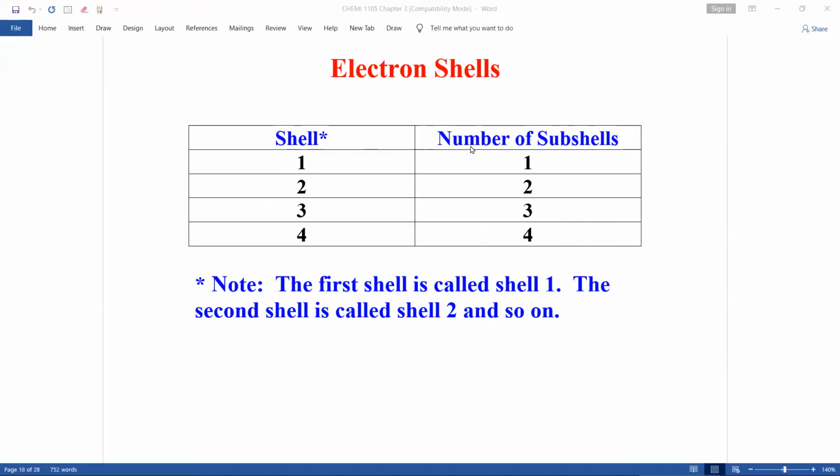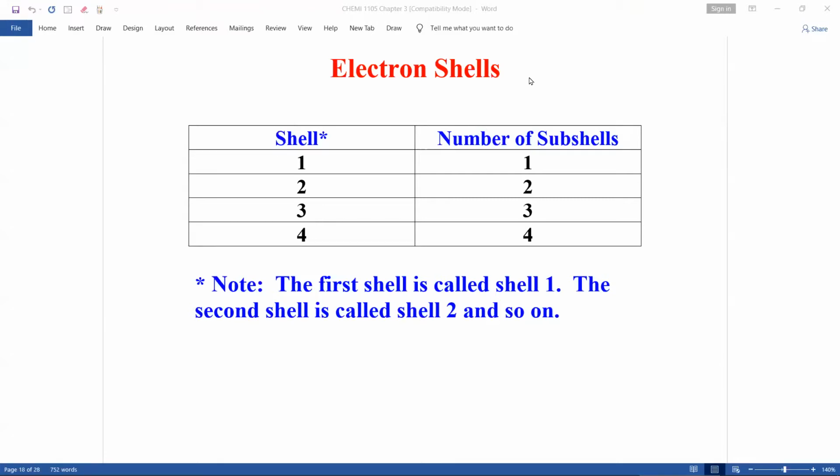Remember, each shell has electrons that are approximately the same distance and approximately the same energy from the nucleus. The nucleus is the center of the atom that has protons and neutrons, and all around it are the electrons and electron shells.